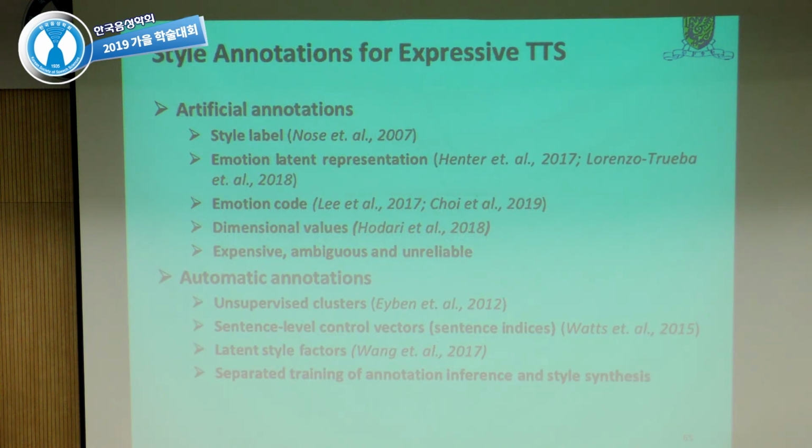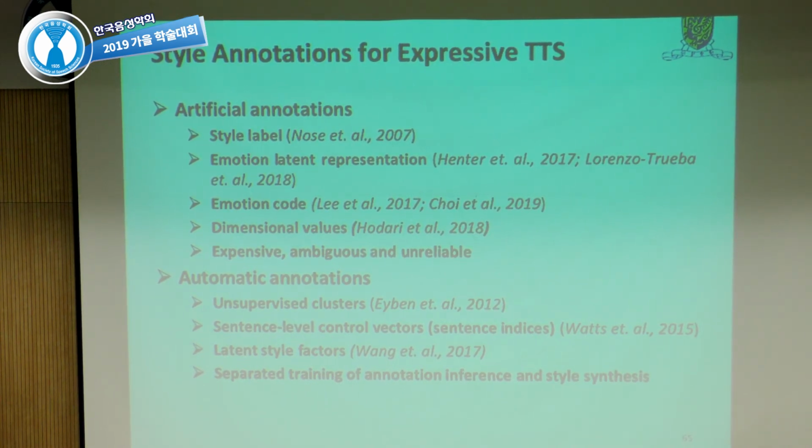We have two ways to approach this. The first relies on artificial annotation, like for emotion the big six: happy, sad, angry. But these are discrete labels that cannot express complex information. Like if I am both happy and angry, then this emotion cannot be correctly specified.